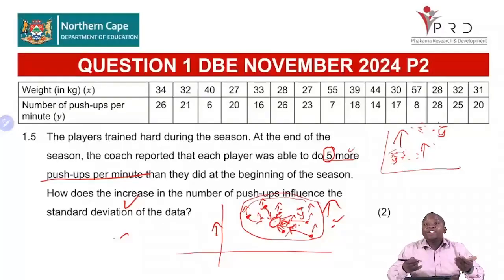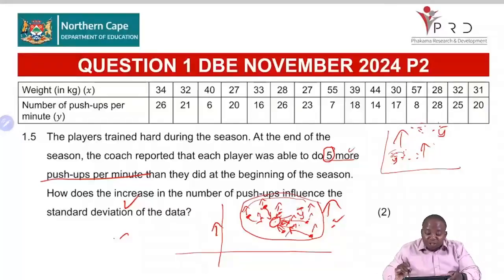So the standard deviation won't change because all of these points are shifting up. Even the mean point is shifting up. So the distance, or the spread, to the mean value is still going to be the same. So that is what we are going to say in this case.